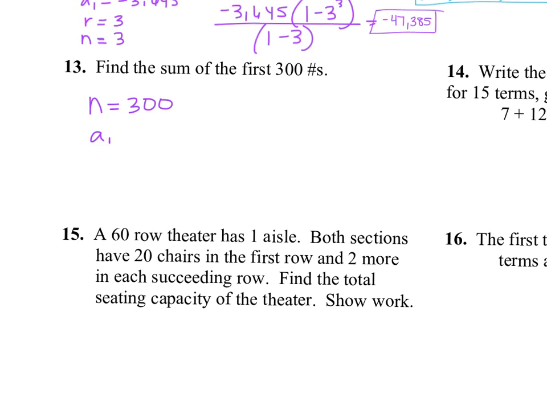Your first term, you would start at the number 1, and your last term is 300. So what we're going to do is plug that into the sum formula. So 300 over 2, times your first term plus your last term.